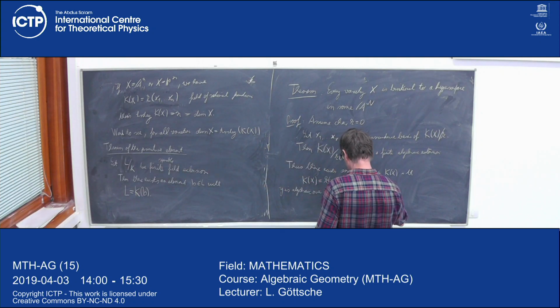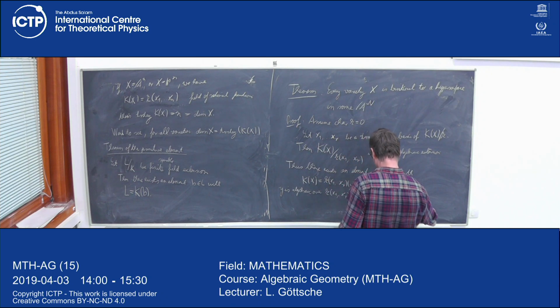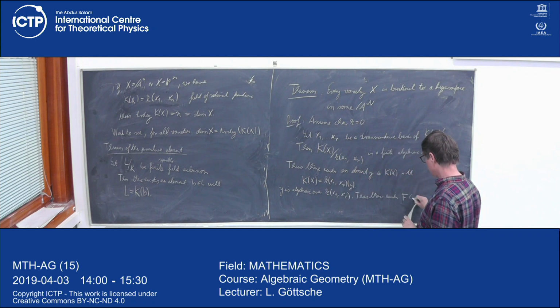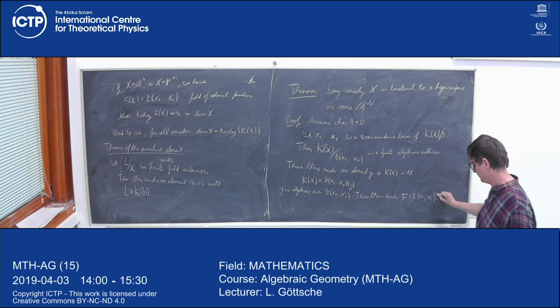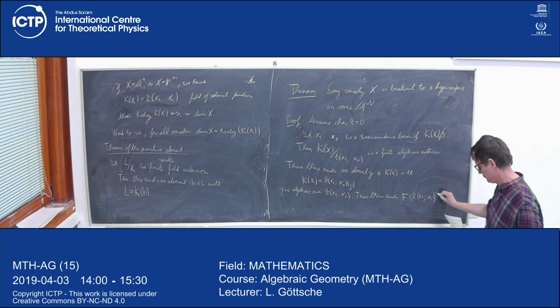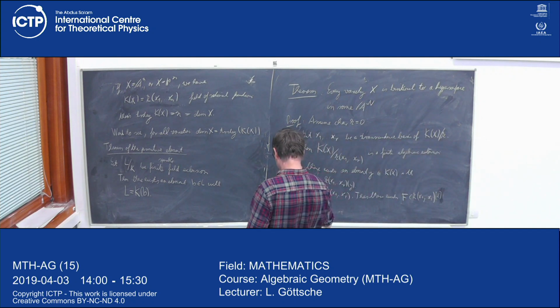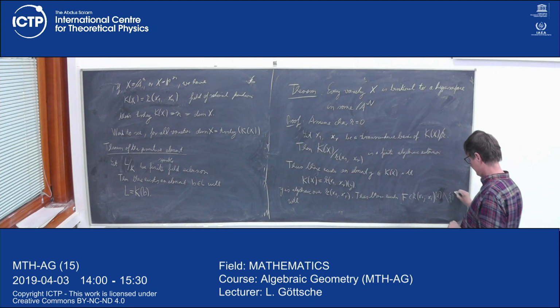So thus there exists f, which is a polynomial in the rational function field K(x1 to xr) and y, then of course with f(y) equal to 0, and obviously a non-zero polynomial.